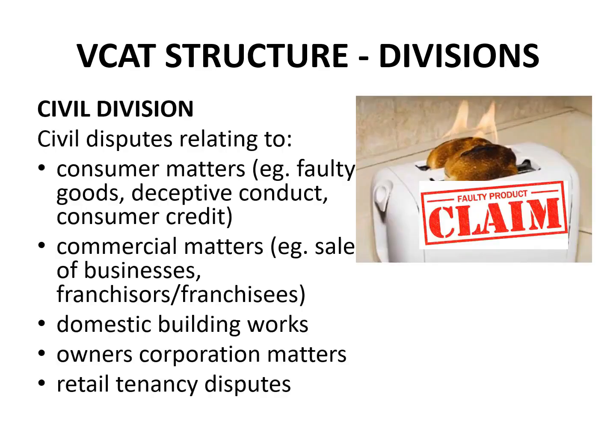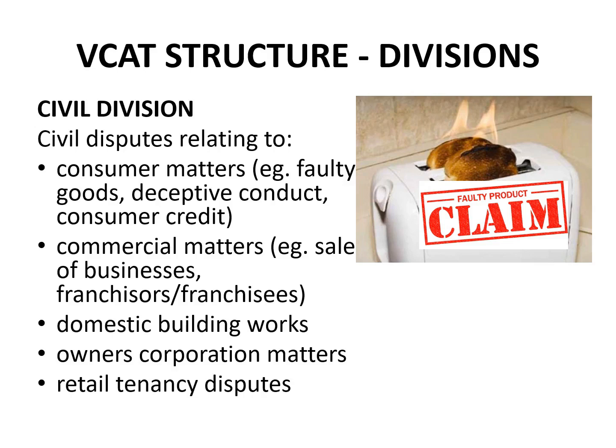On this slide, I've described some of the types of matters that the Civil Division deals with. These include disputes over consumer matters, for example, as where a supplier sells a consumer defective goods or services, disputes over commercial matters, for example, a dispute between a franchisor and a franchisee over the amounts owed by the franchisee to the franchisor.